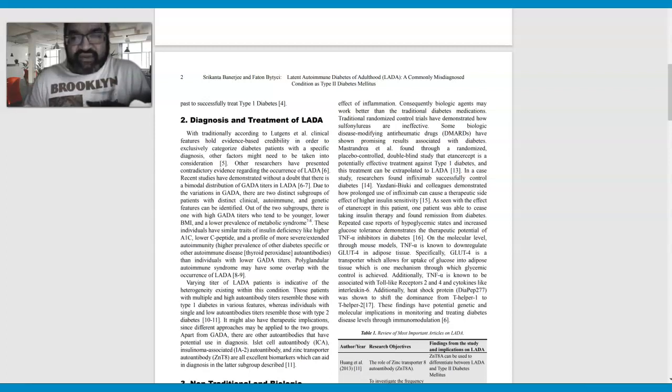DMARDs are disease-modifying anti-rheumatic drugs. So infliximab, some of the biologic agents used to treat against diabetes, can be helpful in reducing some of that antibody load.